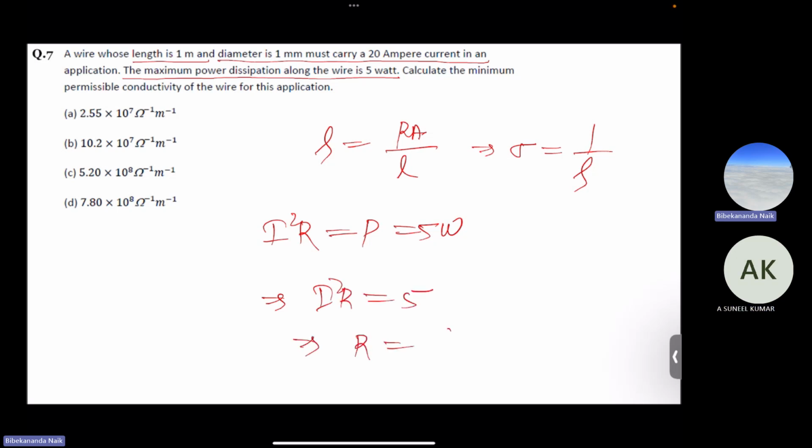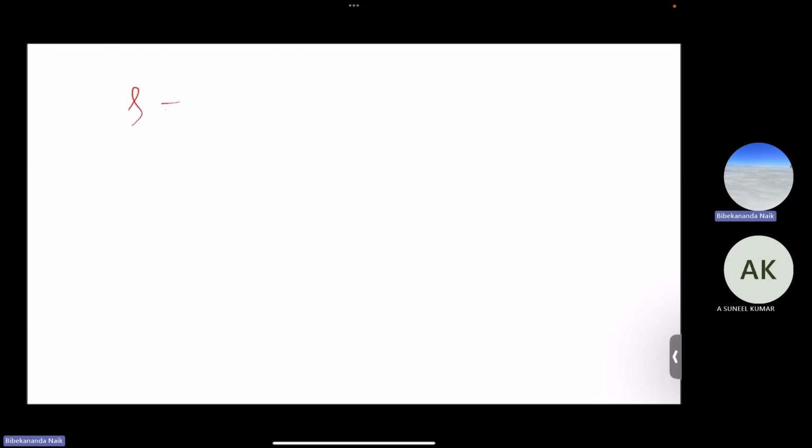So R will be 5 by I square, that is 5 by 400, because I is equal to 20 ampere. So since R is now known, we can easily calculate rho, because rho is Ra by L.